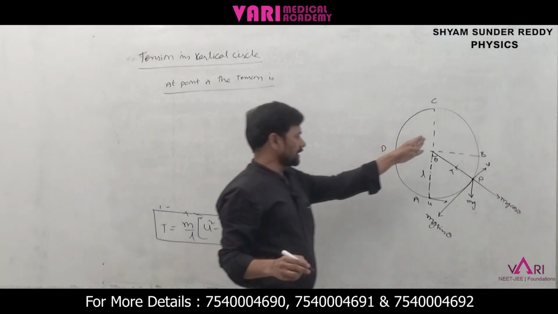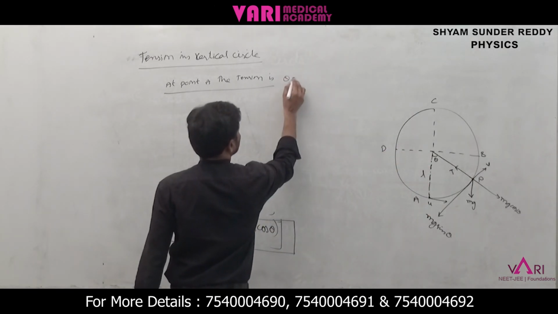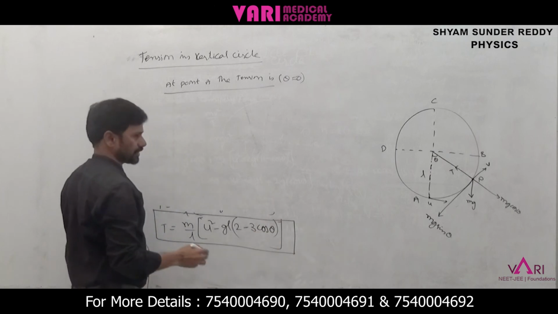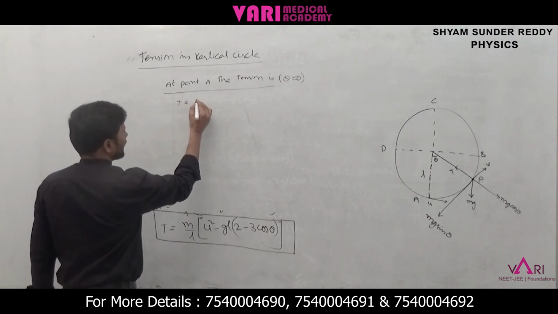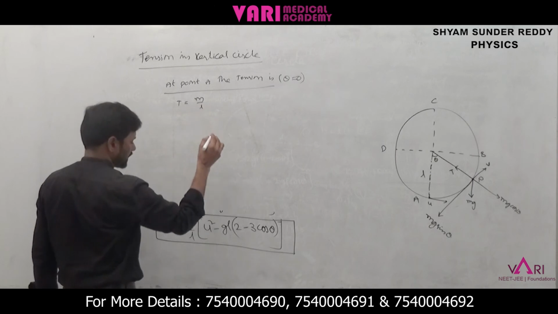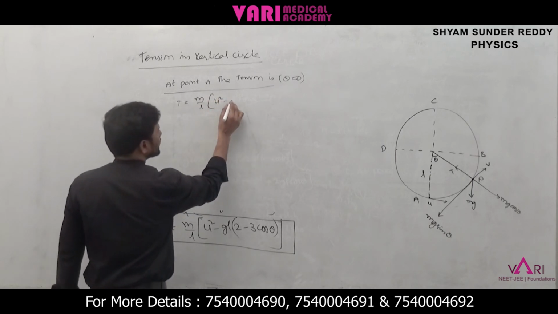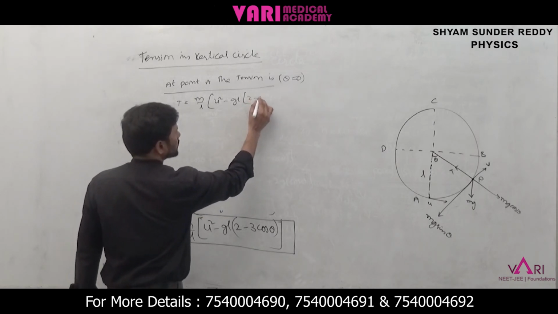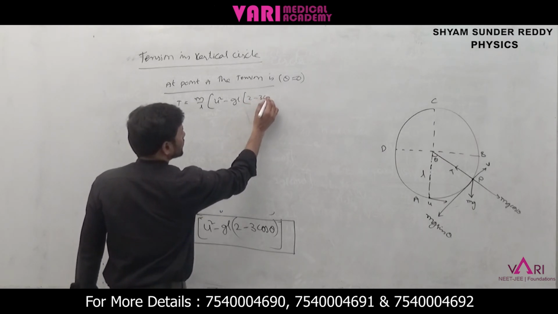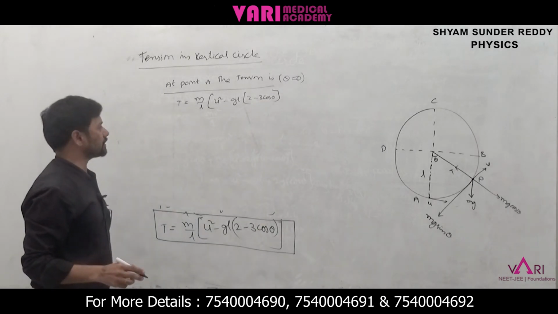Here theta is equal to 0. So, we can get T is equal to m by L into u square minus gl into 2 minus 3 cos 0. 2 minus 3 cos 0.